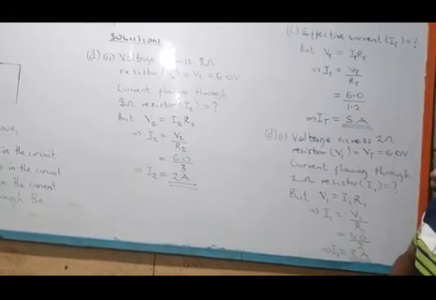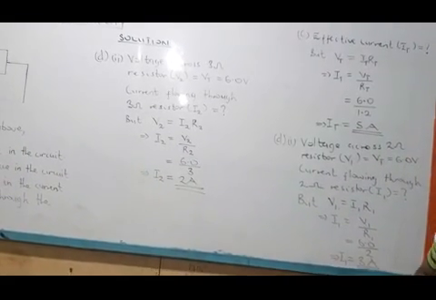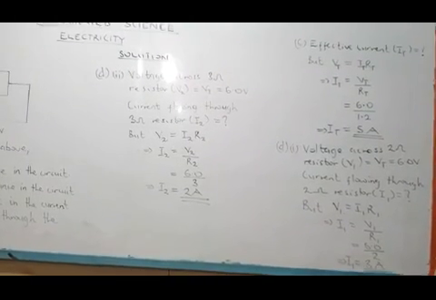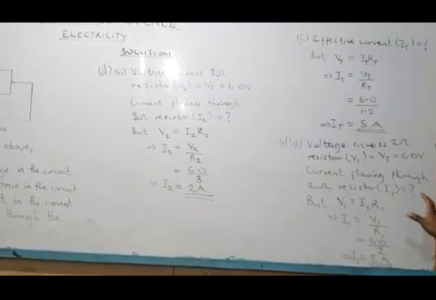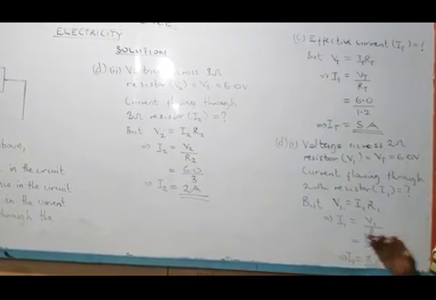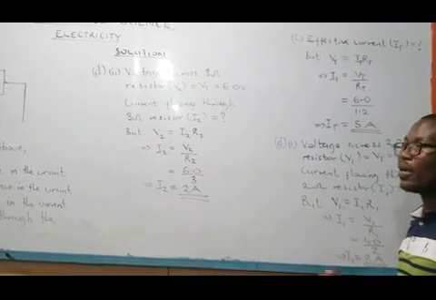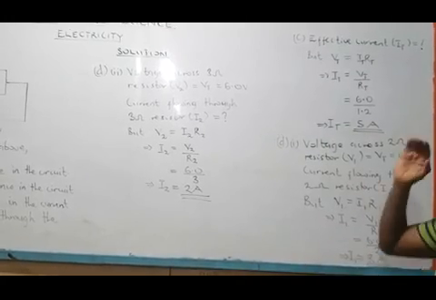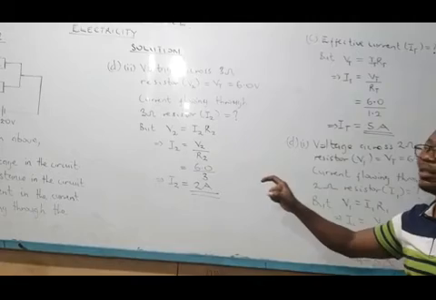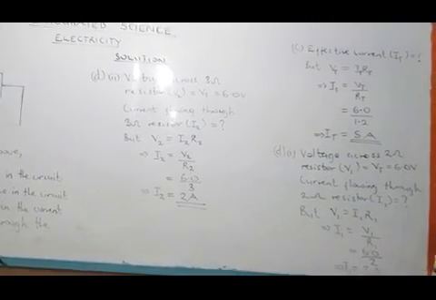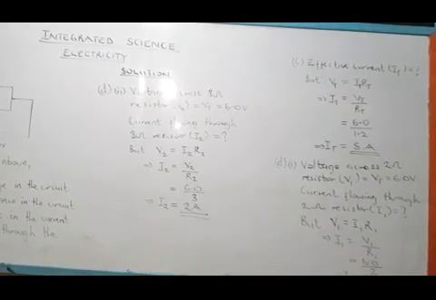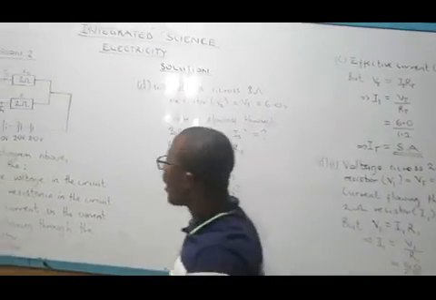Okay, so this is how you determine the current flowing through each of the resistors connected in parallel. This is quite different from when the resistors are in series. That one is so simple. Once you know the total current, the total current is equal to the current flowing through each of the resistors. But for parallel connection, the currents are different. And this is how you determine the current flowing through each resistor. You just determine the total voltage.